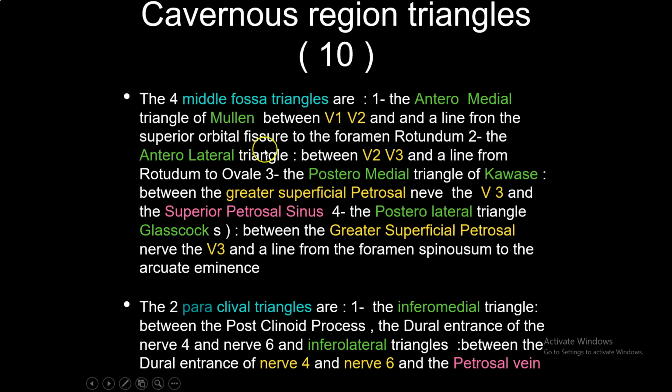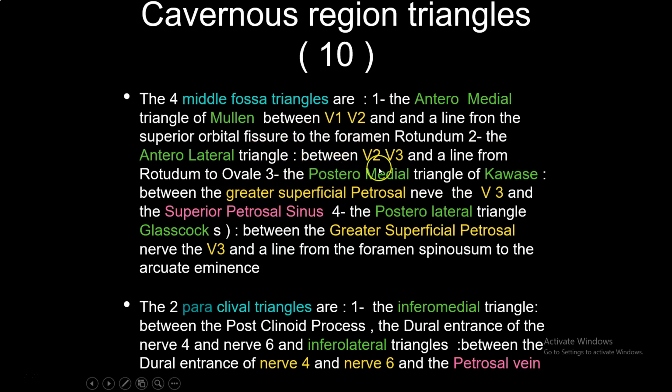And the anterolateral triangle is lateral, of course, to the anteromedial triangle, is between V2 and V3, and a line from the foramen rotundum to oval. V2 in the rotundum, V3 in the oval, a line in between. And here also, V1 and V2, V1 is the superior orbital fissure, V2 in the rotundum, so it is between the superior orbital fissure and rotundum.